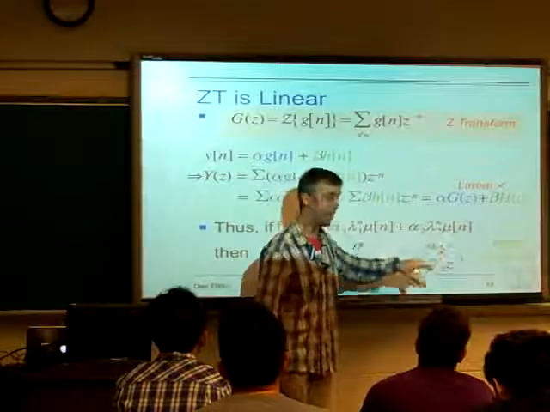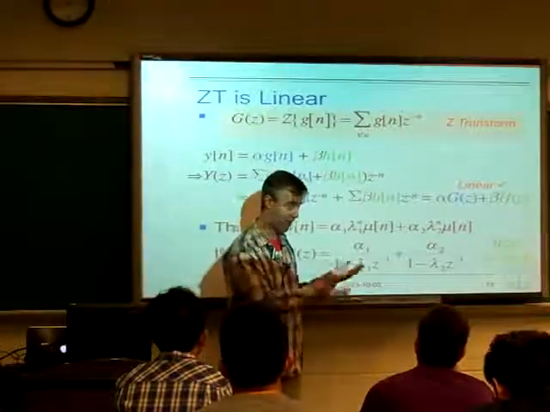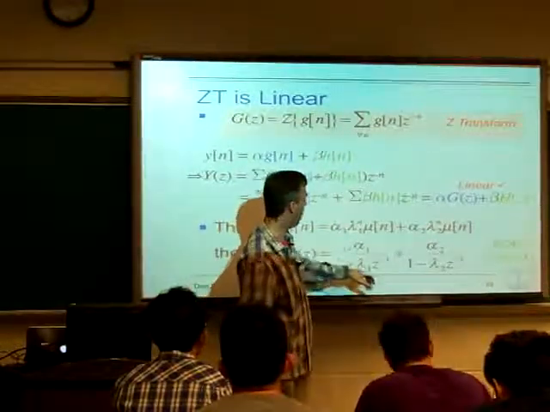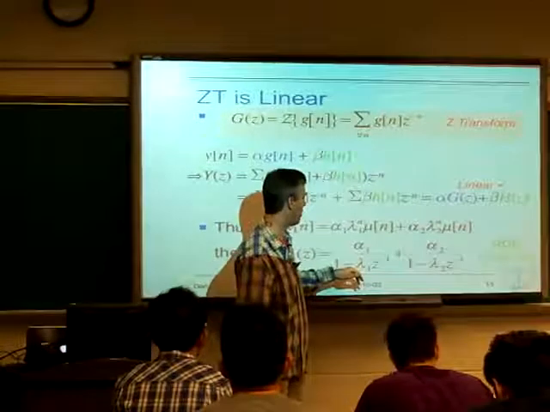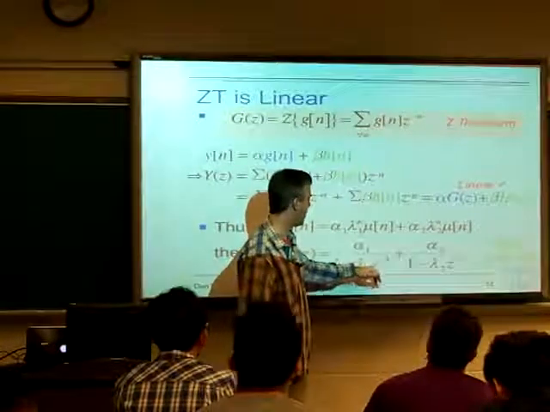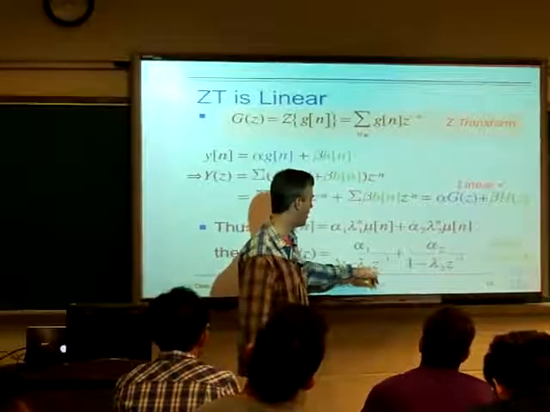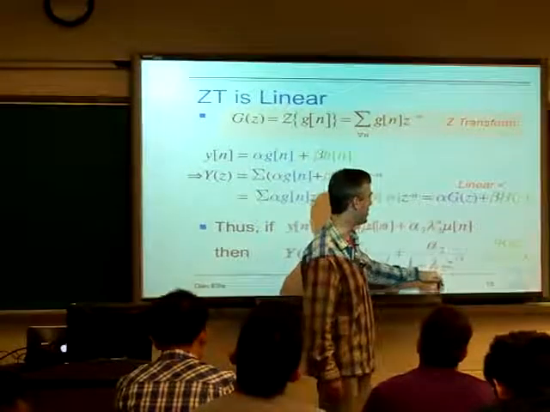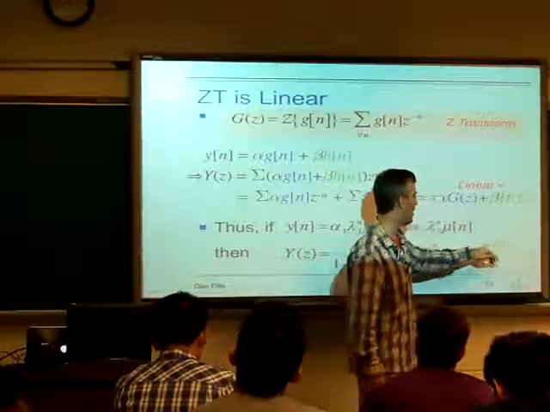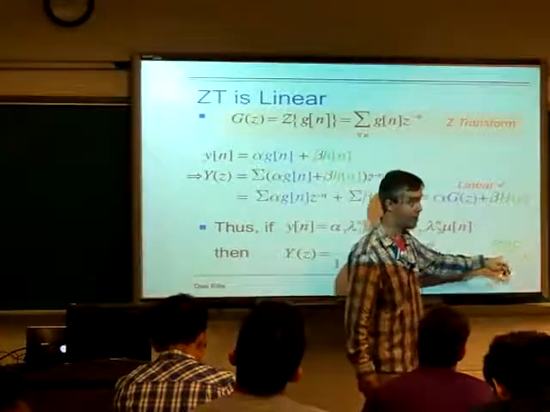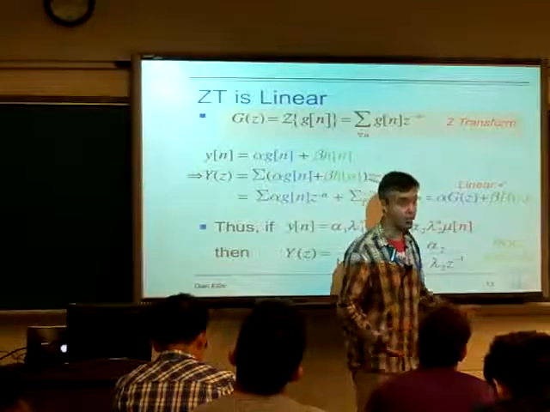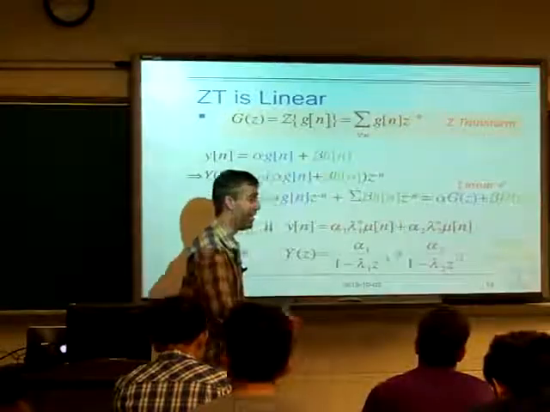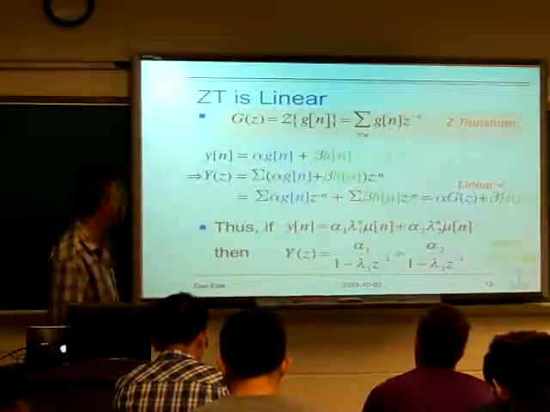But to do each of these, we had to do that whole thing with the geometric sequence, so we had to have this thing with a magnitude smaller than 1. So in this case, the magnitude of z has to be larger than lambda 1. In this case, z has to be larger than lambda 2. So z has to be larger than both, which means it has to be larger than the larger of them for it to work. That's the intersection of the regions of convergence.